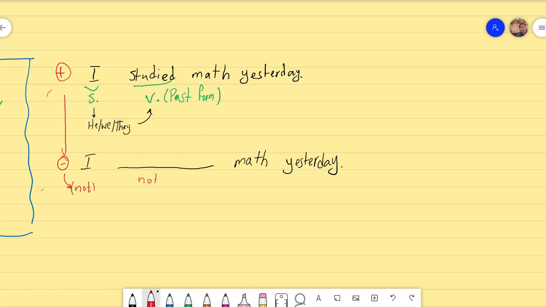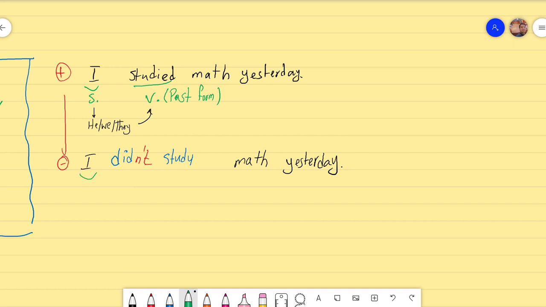So it should be not, and there should be the verb study. But how can I use that? So I say I didn't study. So this is the correct sentence. Say, I didn't study.